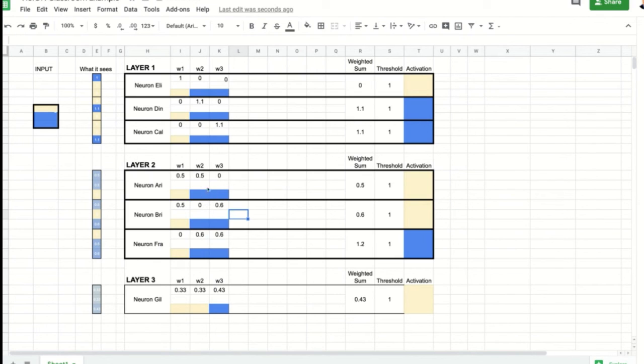And similarly with Airy, got it wrong, but it should have paid more attention to Din here, so I'm going to change that to 0.6, and so on. So what we did there was we started at the back of the network, and we went back through the network, and we said, let's give extra weight to anybody who gave us the right information.